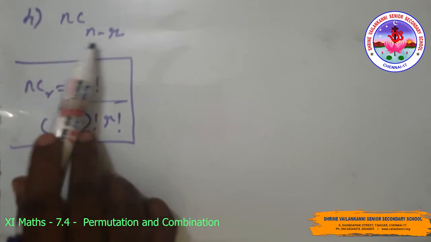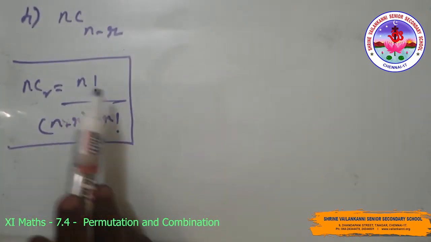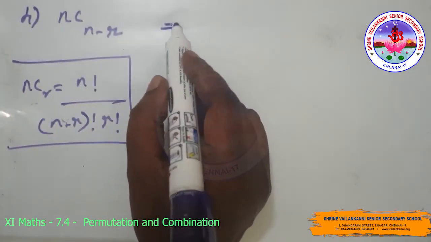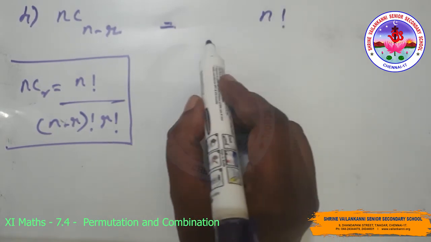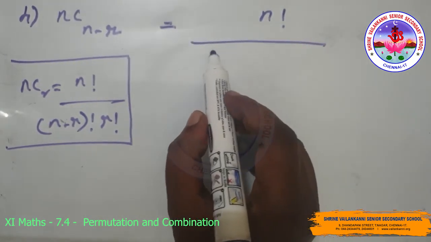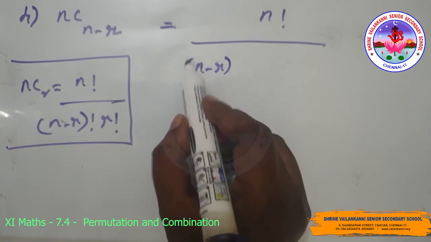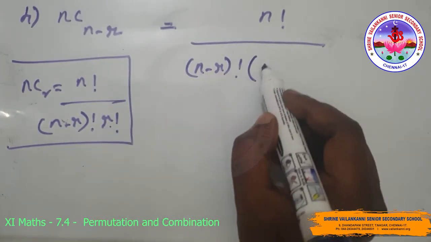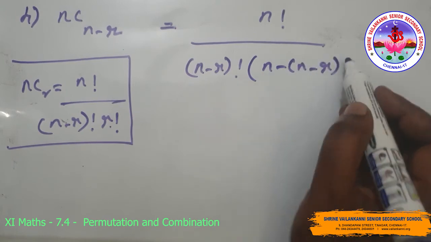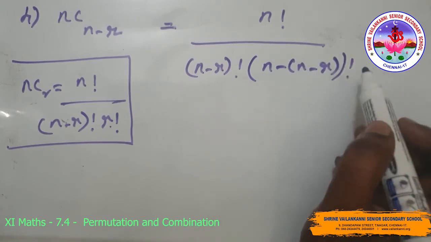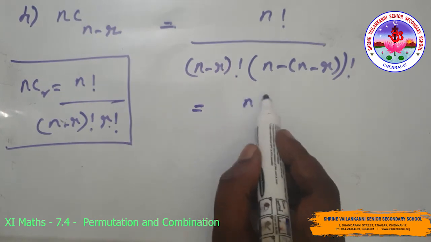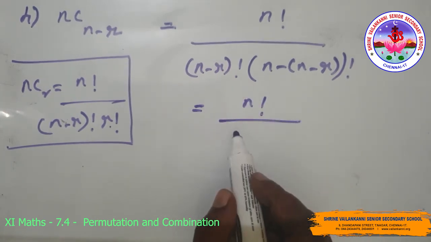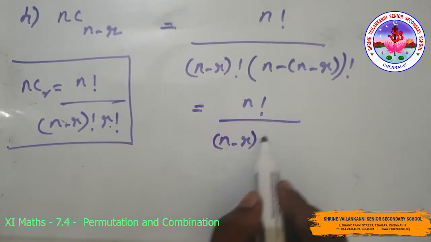So the next one is nC(n minus r). Using the formula, nC(n minus r) is n factorial by (n minus r) factorial, where r is replaced by n minus r. Then (n minus (n minus r)) factorial, which is equal to n factorial by (n minus r) factorial.